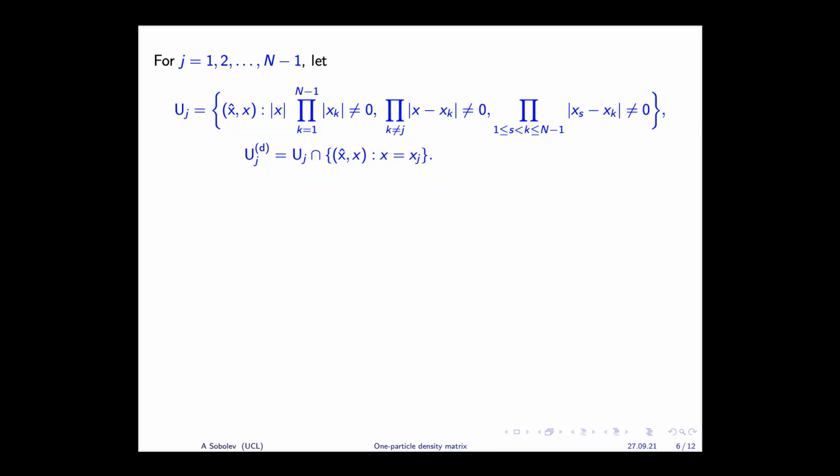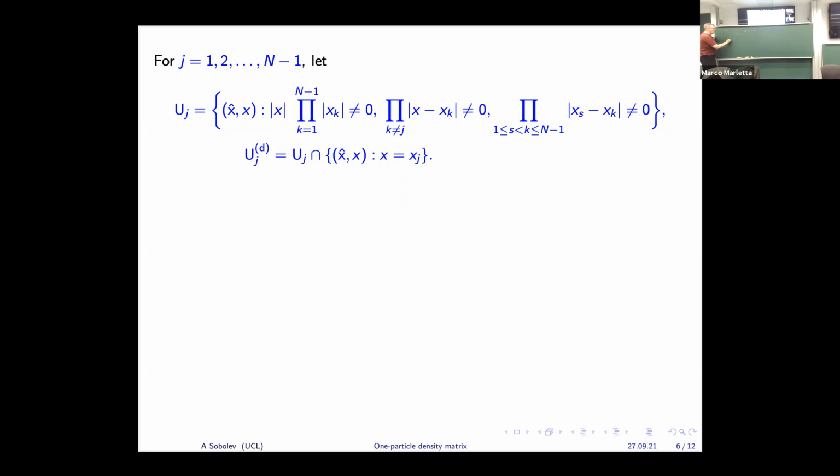I wanted to draw a little picture. I might need it later. So this is the nucleus. You have x1, x2. Assume that we have three particles, and this is the bold x here. Imagine that x1, x2 are fixed. They do not touch each other, and they do not touch the origin where the nucleus is located. And you have the third particle that wanders around.